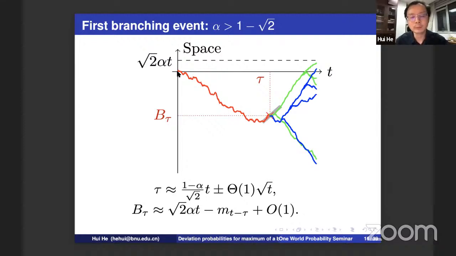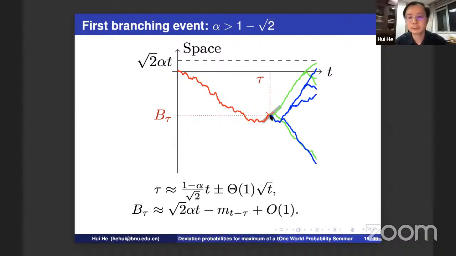Then it goes down to some very low position, B_tau, and tau is its lifetime. Then it dies out and has 2 offsprings. These 2 offsprings evolve as 2 independent branching motions.